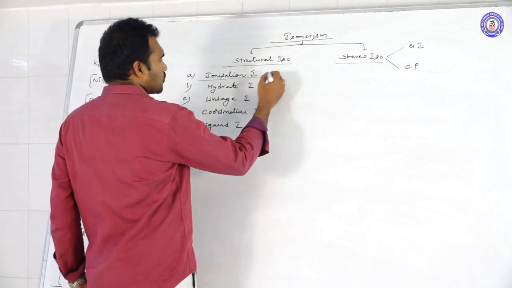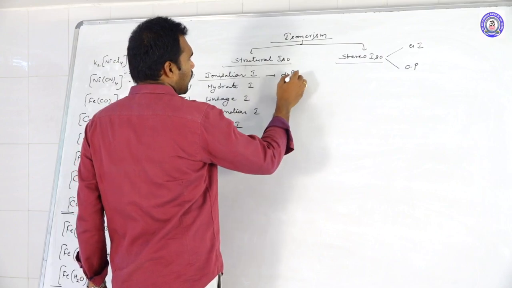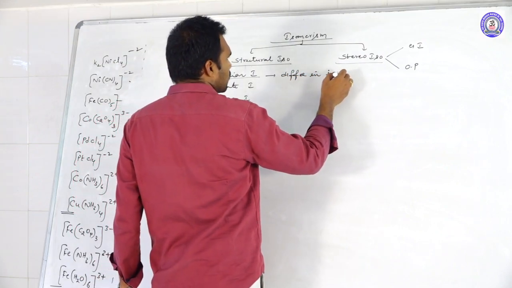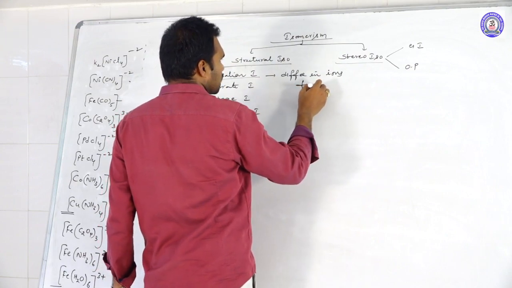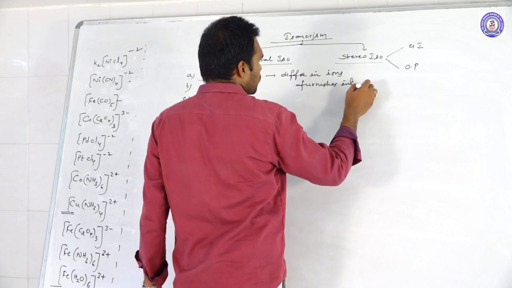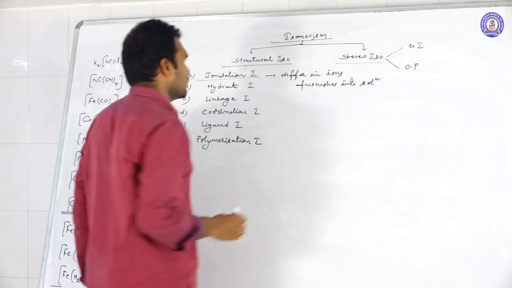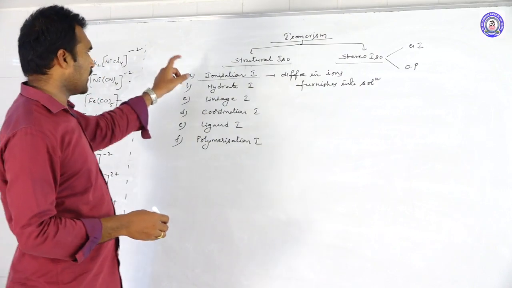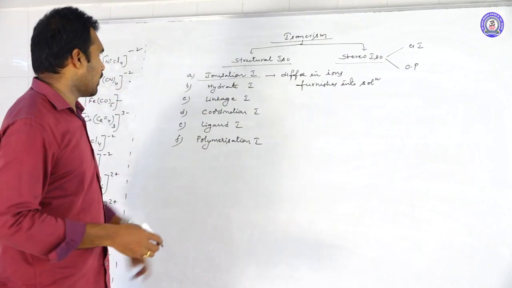Here I am writing: they differ in the ions that they furnish into solution. Then the pair of isomers we call ionization isomerism.